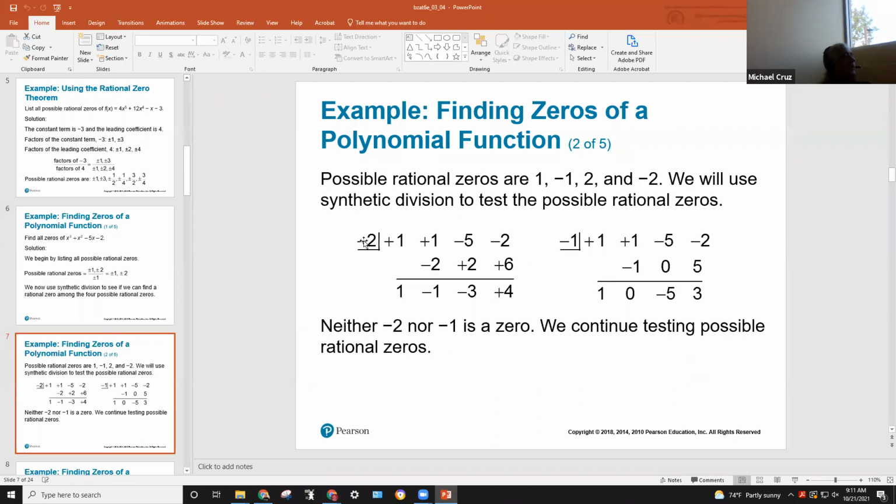And then the -2, the first one we're looking at, is going to go in that little block. We bring down that 1 and then start multiplying. -2 times 1 is -2. Add them up, -1. -2 times -1 is 2 positive. Add them up, -3. -2 times -3 is positive 6. Add up -2 and 6 to get positive 4.